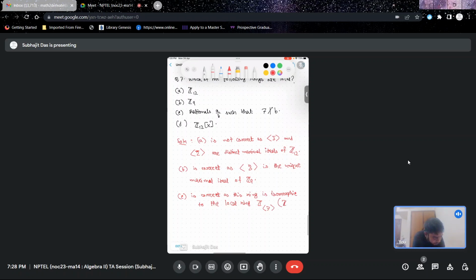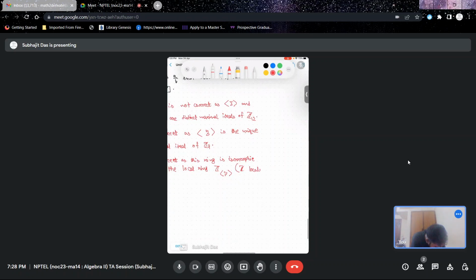So I'll just write it down. Z localized at the prime ideal generated by 7. Now what is this exactly? What you do is you take the complement of the prime ideal 7 in Z. This is your set S, and you look at all fractions of the form A over S, where A is in Z and S is in capital S, that is, outside the prime ideal generated by 7.